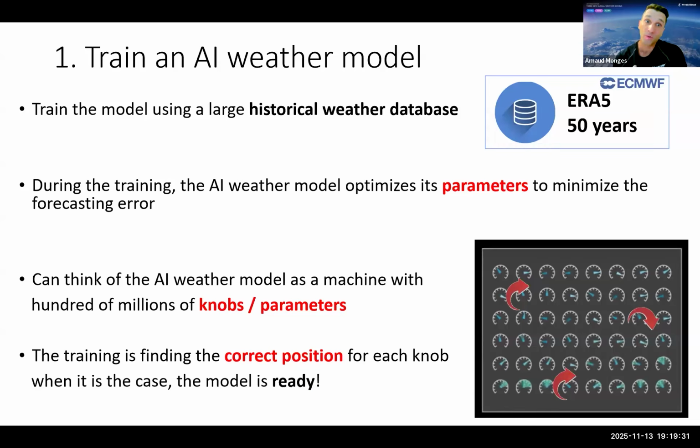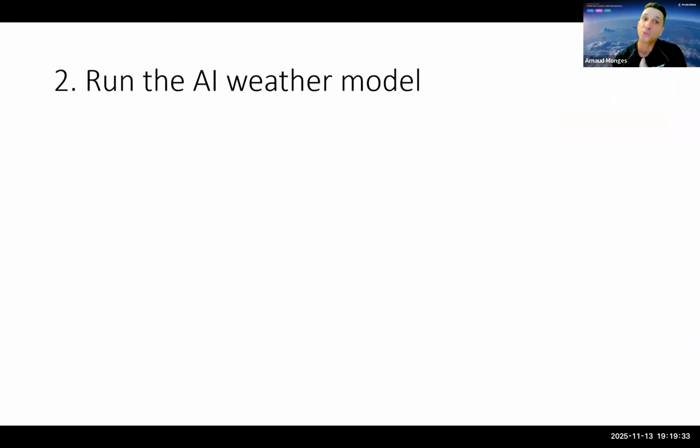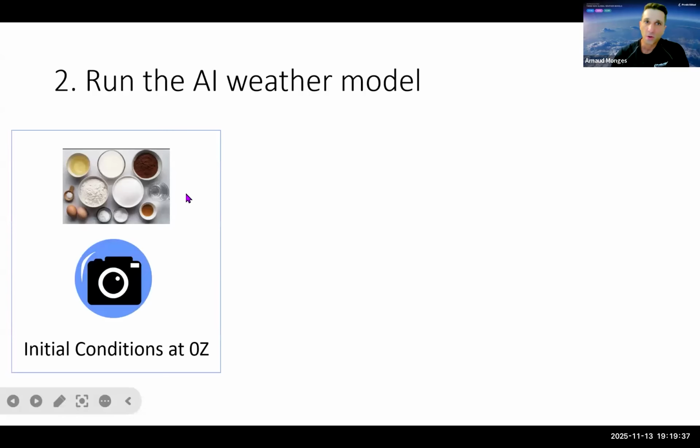And then when the model is ready, it's actually pretty easy to run it. So this is step 2. So let's say I want to run the weather model for today. So I start with my ingredients or the snapshot of the atmosphere. So this is the same as the NWP. These are the initial conditions at 0Z.